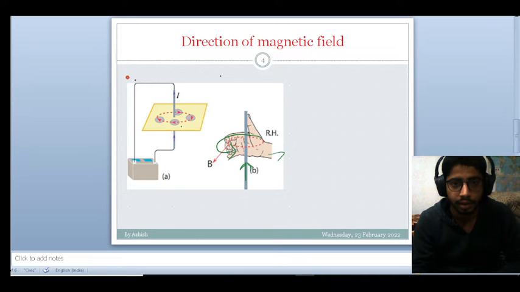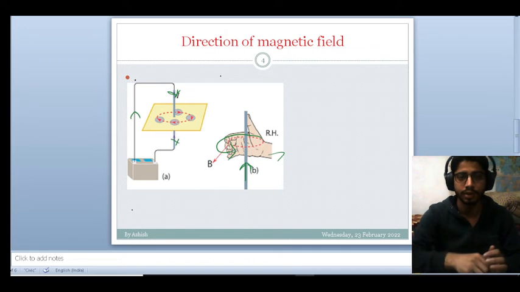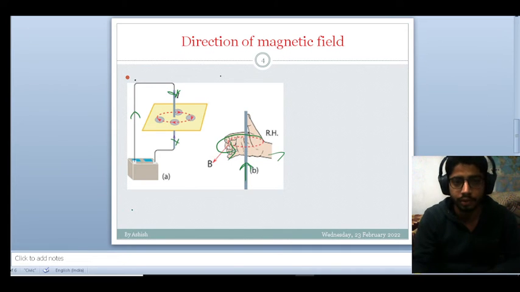Now let us take the downward case. If the current direction is downward, point your thumb in the downward direction and curl your fingers around the wire. This will give the direction of the magnetic field. Here the magnetic field direction is like this.